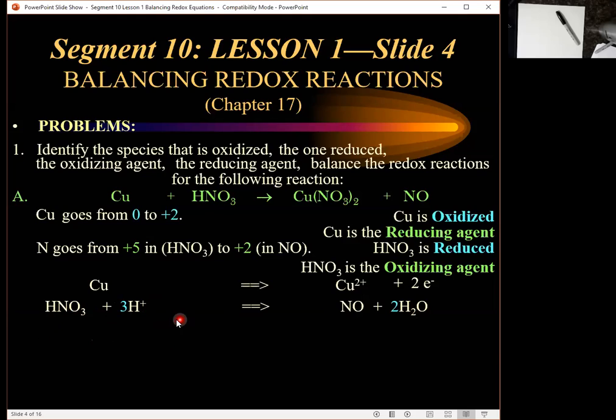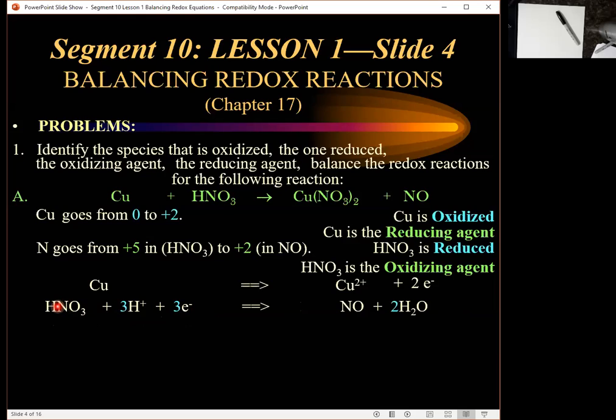So now the only thing I have to do is balance charge, and I can balance charge by adding 3 negative charges to the left. Notice the right-hand side is all 0, so I have to have 0 on the left. So 3 plus 3 minus gives me 0. So I've got 3 electrons. Now each of my half reactions is balanced completely with both atoms and charge.